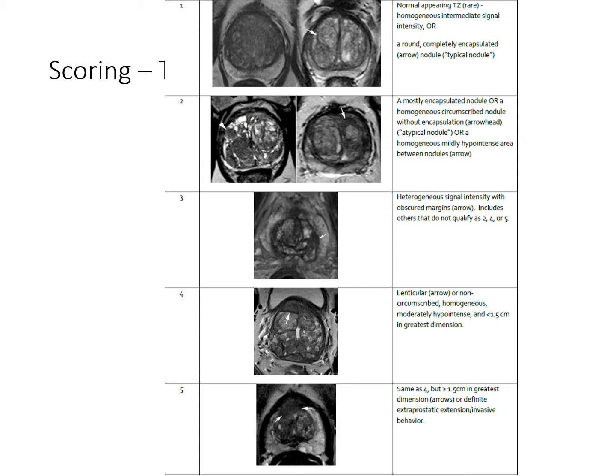You're not sure about it. But if you have an ill-defined lesion or something which is not a nice round shape, but it's lenticular in shape, or it's above a certain size, then you're going to be more worried. So then you'll give a score of 4 or 5. That's what you need to look out for.